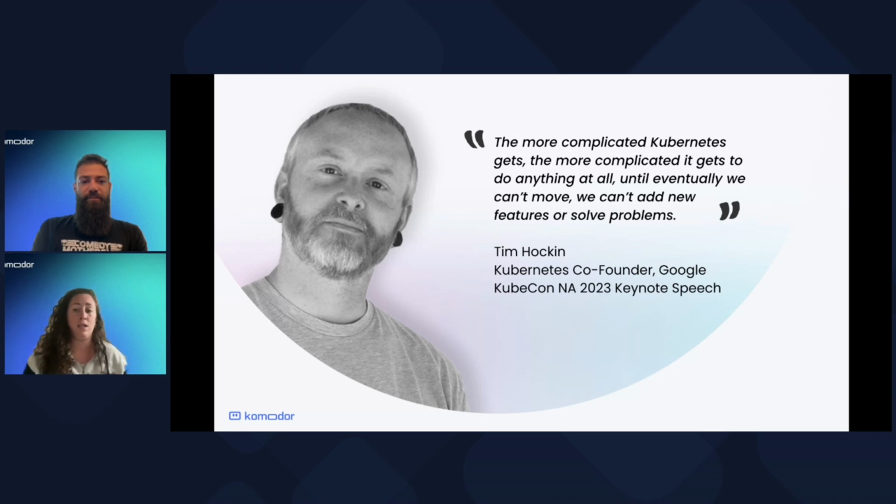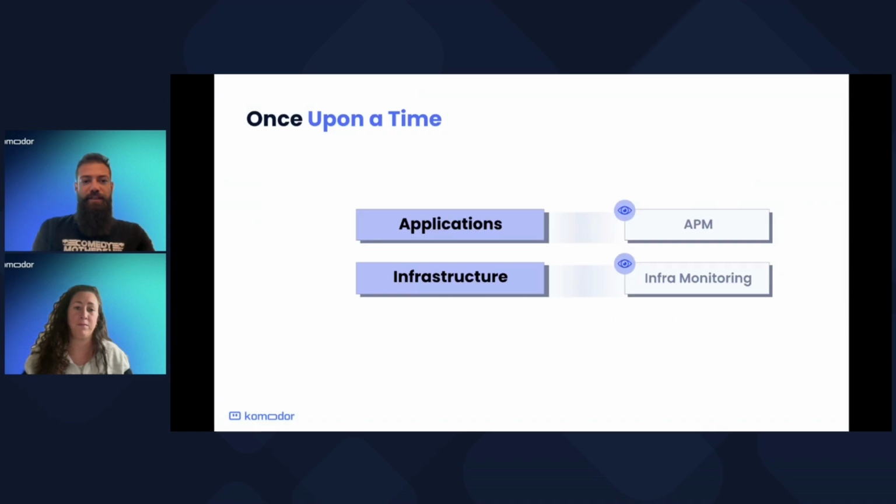So if engineers are too busy firefighting or serving as a Kubernetes help desk, it basically means that they're not busy building new features, innovating and improving their own products. It's kind of like a double-edged sword, right?